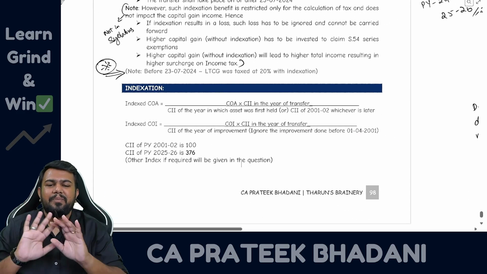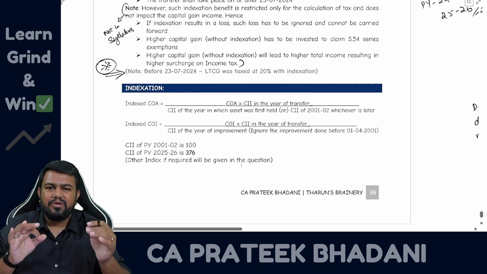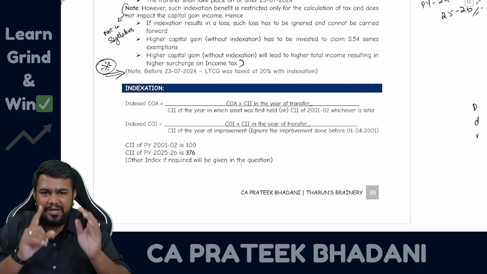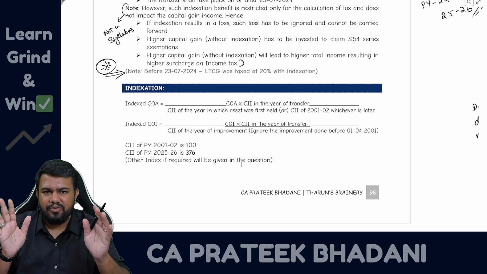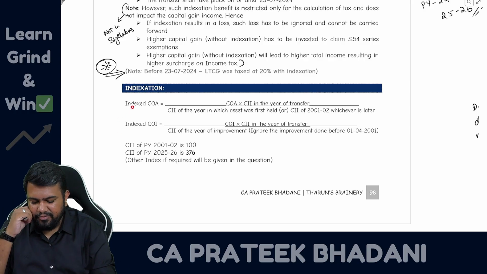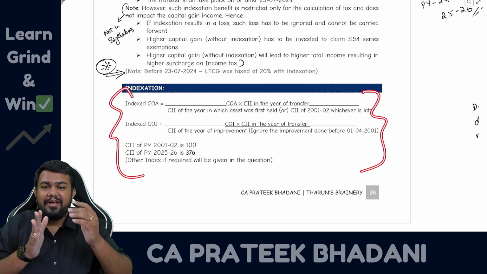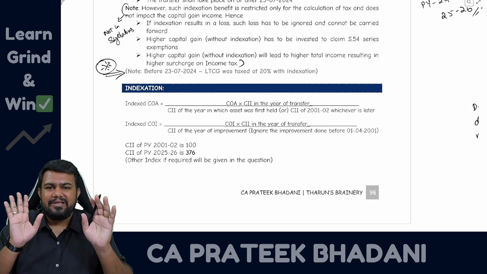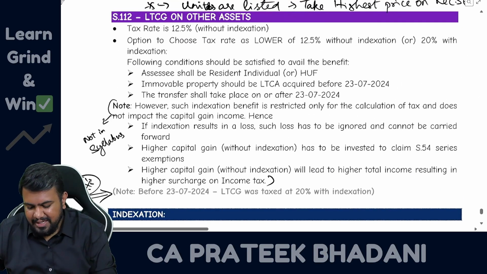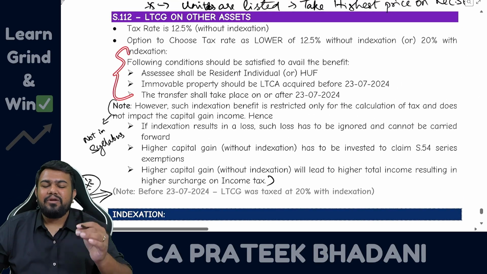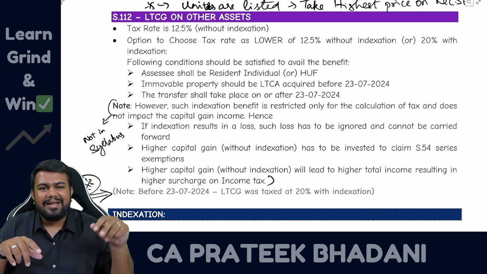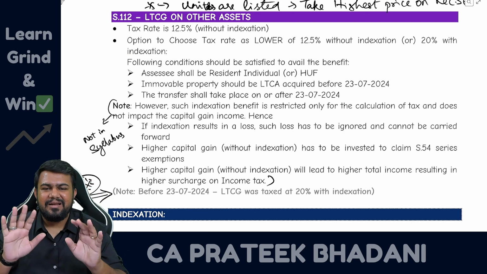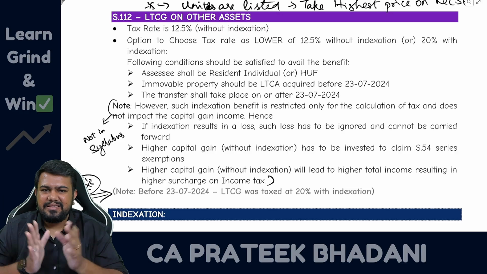Indexation is not applicable from 23/7/2024 onwards. It was only applicable if the asset was transferred before 23/7/2024. So if such transfer is there, you have to do indexation. However, if transfer is on or after 23/7/2024, only if these conditions are satisfied, then while calculating the tax, you have to do indexation. While calculating the income, there is no indexation. Only while calculating the tax, there is indexation.